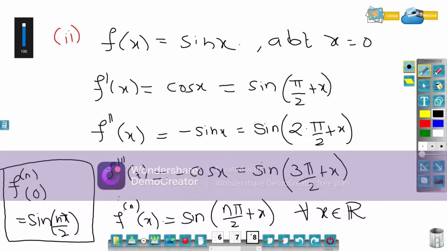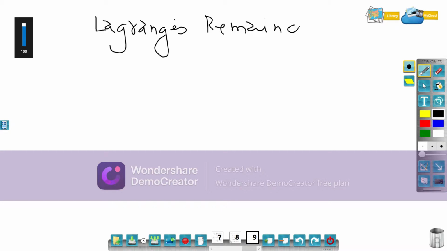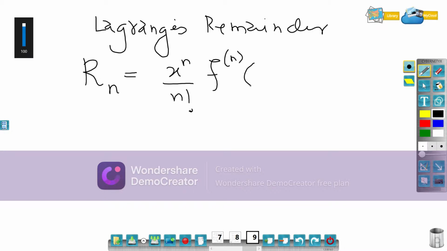Now let's find out the Lagrange's remainder form. So Lagrange's remainder, that is Rn, is equal to x raised to n upon n factorial into f nth derivative at theta x, where theta is between 0 to 1.